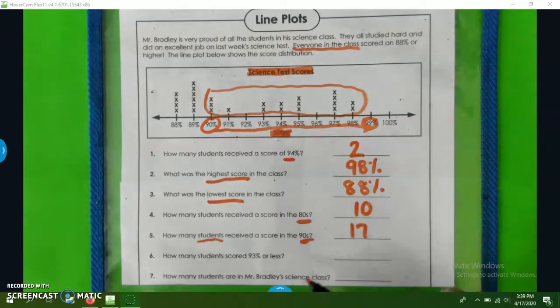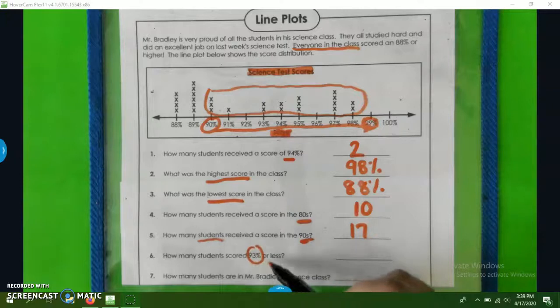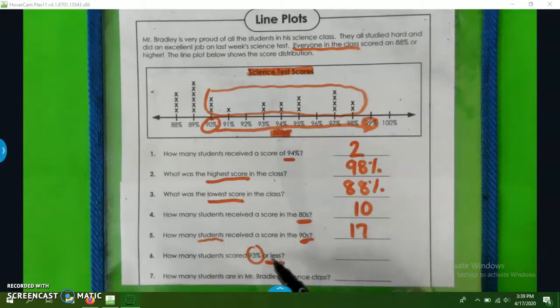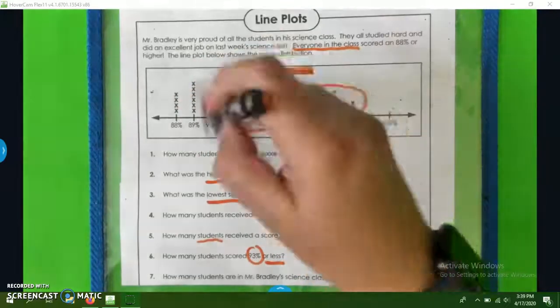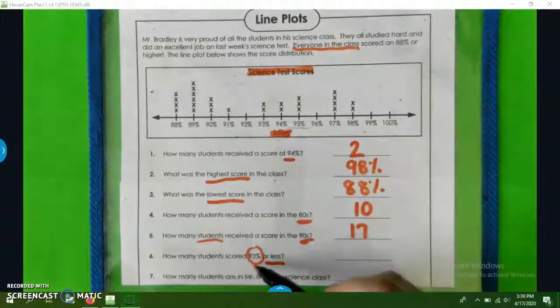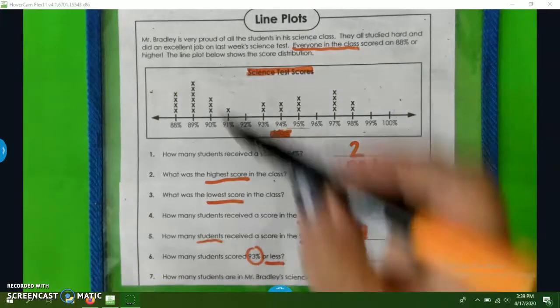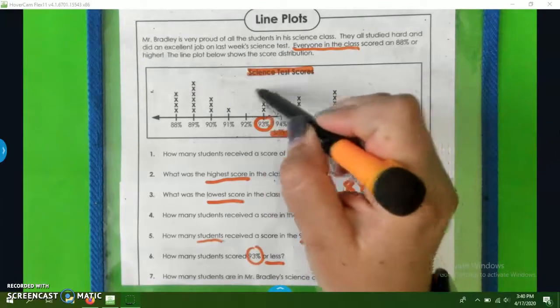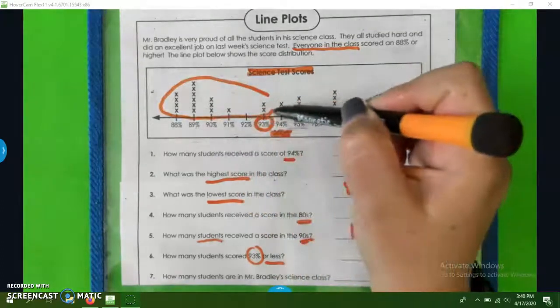How many students scored 93% or less? So this is actually getting to one of the trickier types of questions that we're going to look at in a second, because they really are getting you to look at a particular range of scores. So if it says who scored 93 or less, that means you're going to look to 93 or all of these lesser numbers on our chart.